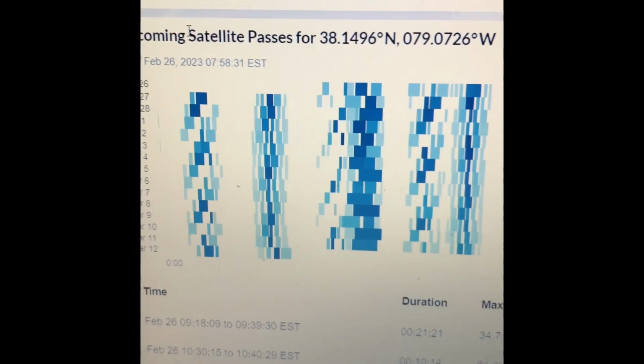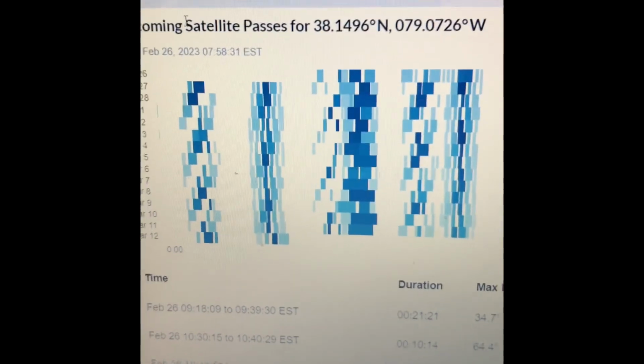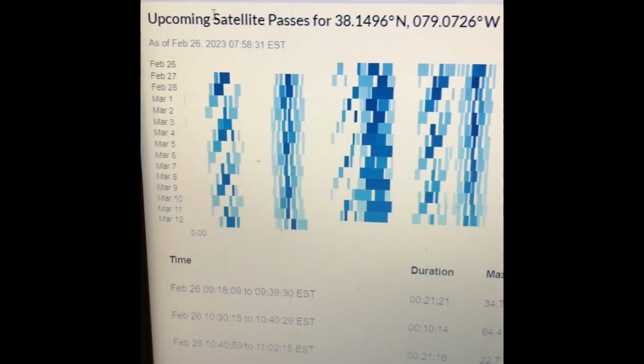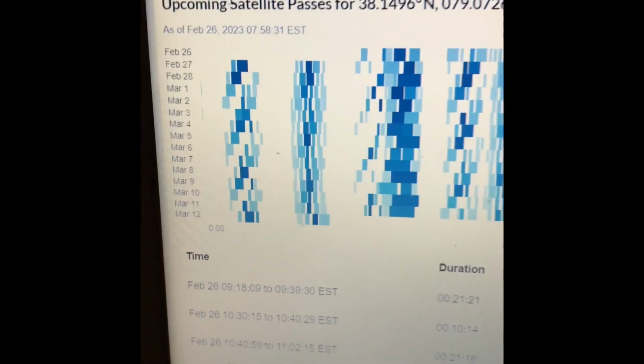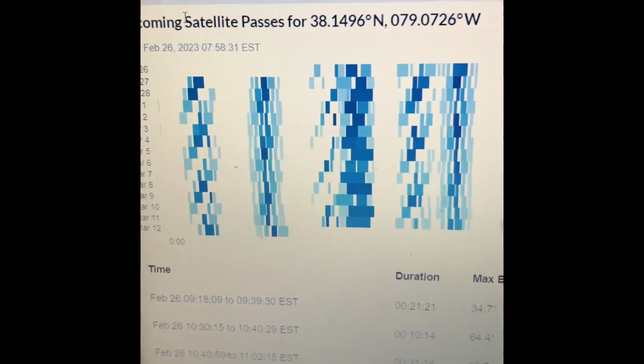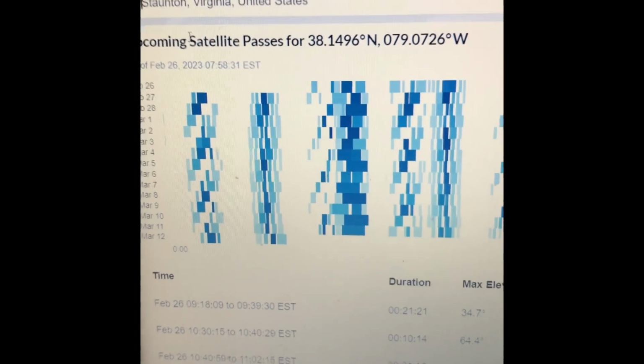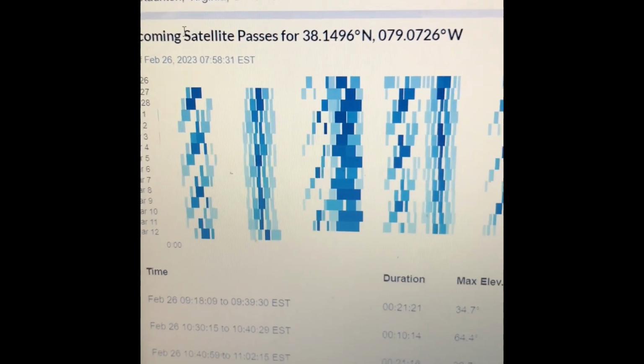Each little blue block represents one or more satellites passing over us, visible here at Stanton, at least above the horizon. And the darker blue the rectangle is, the greater the maximum elevation of the satellite during its pass.